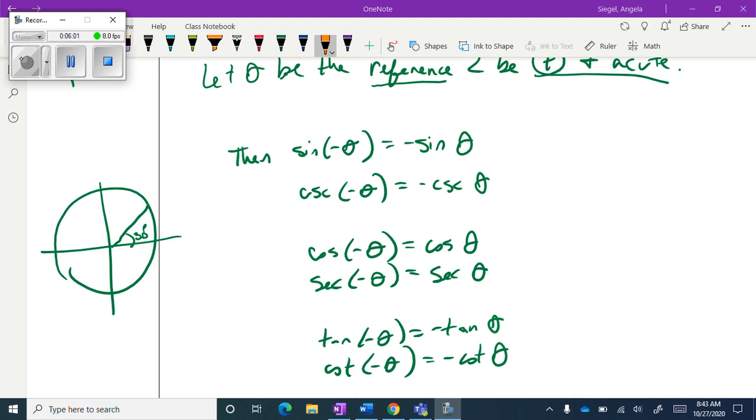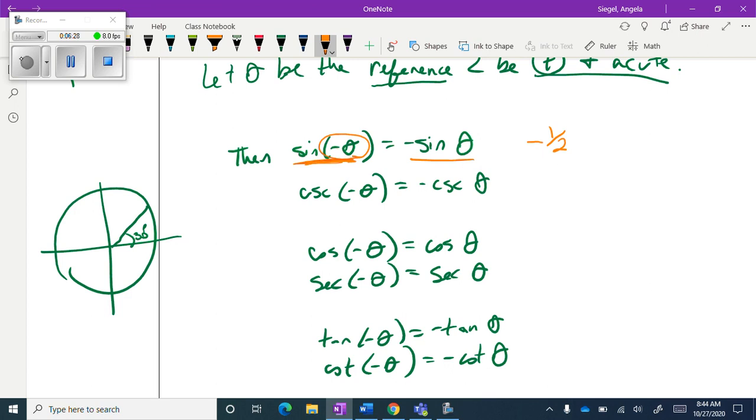Okay, so these are my identities, and I want you to see that when we have a negative angle, we get a negative, like it changes the sign of our answer. So it's always the opposite of the regular sine function. So for instance, the sine of positive 30 is 1/2, but the sine of negative 30 is going to be negative 1/2.